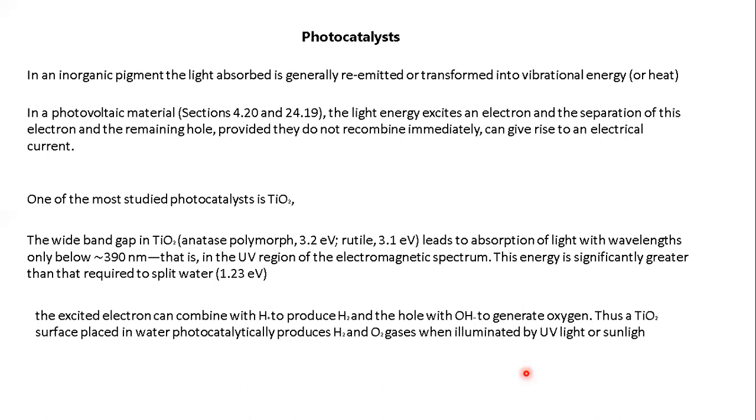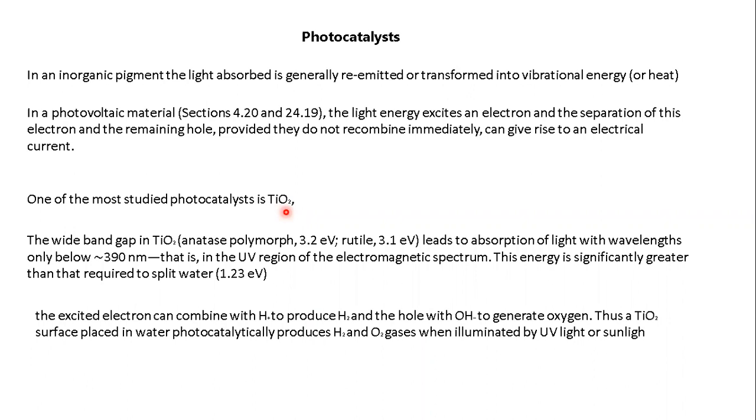So when an electron is excited and separated from that particular compound, and it moves from one place to another, creates a hole and doesn't recombine, then it generates electrical current, and that is the basic thing needed for a photocatalyst.